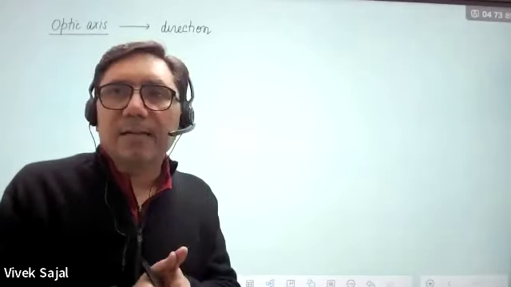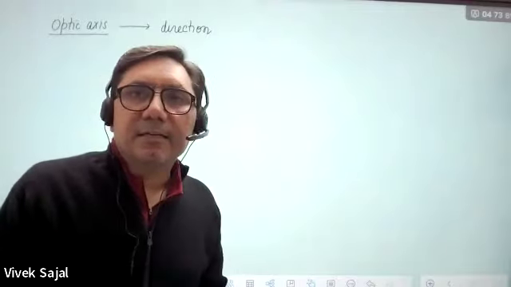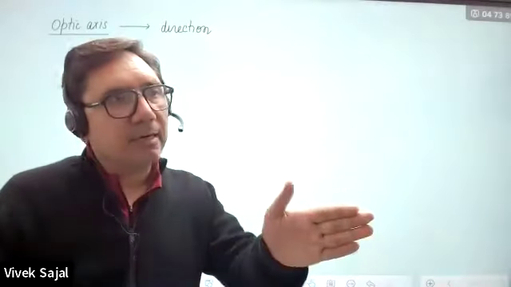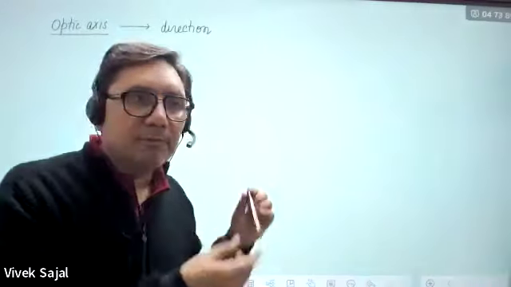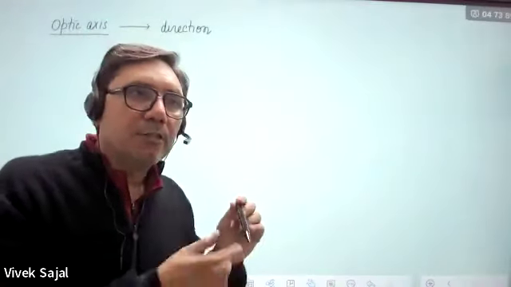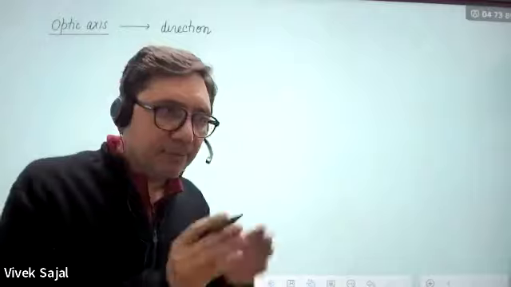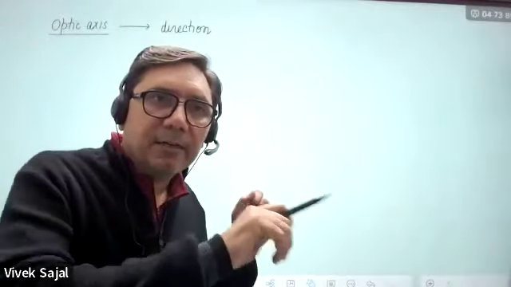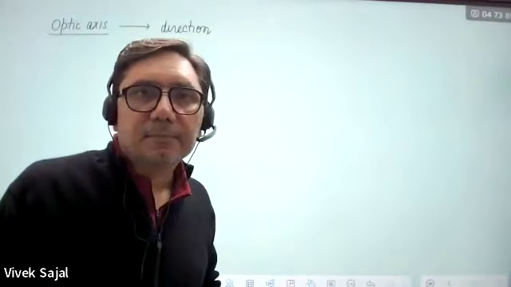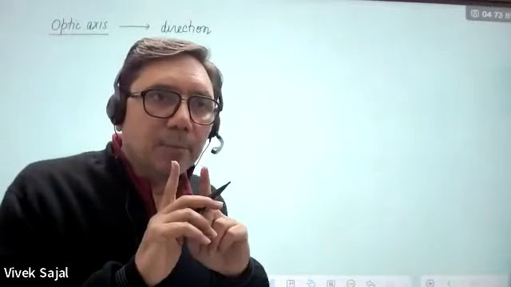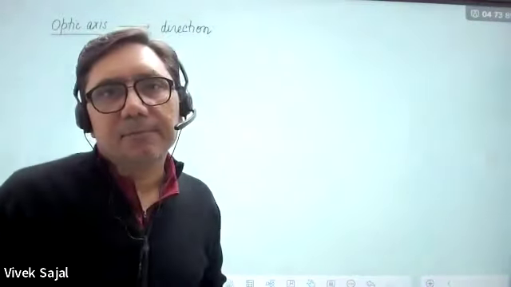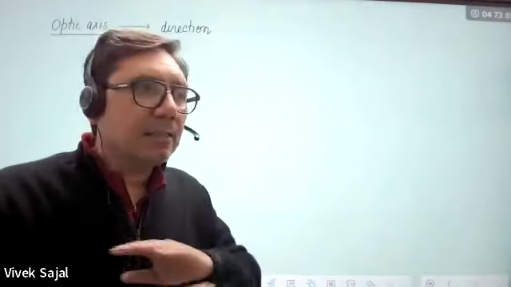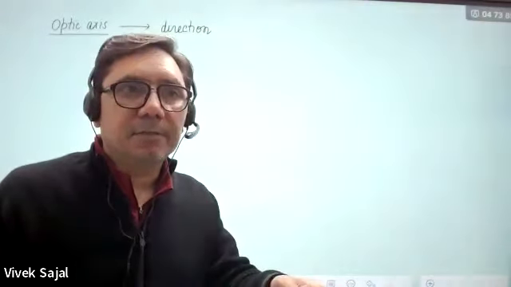So what is optic axis for a doubly refracting crystal? In a doubly refracting crystal, optic axis is that direction along which, if both the ordinary ray and the extraordinary ray are traveling, then remember that both will travel with the same speed. In other directions other than the optic axis, they will always have different speeds.